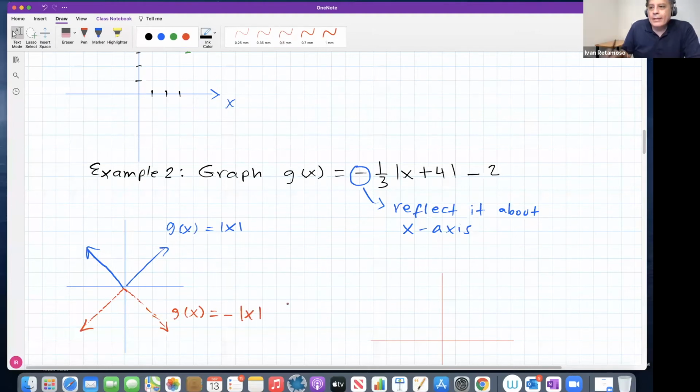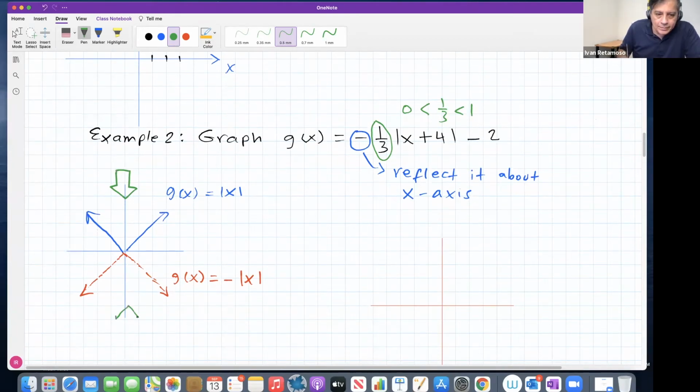But not only that, notice that there is this positive 1/3 attached to it. The negative sign was already considered by the reflection, but this 1/3, since 1/3 is between 0 and 1, a proper fraction, is going to compress the graph of our parent function by a factor of 1/3.